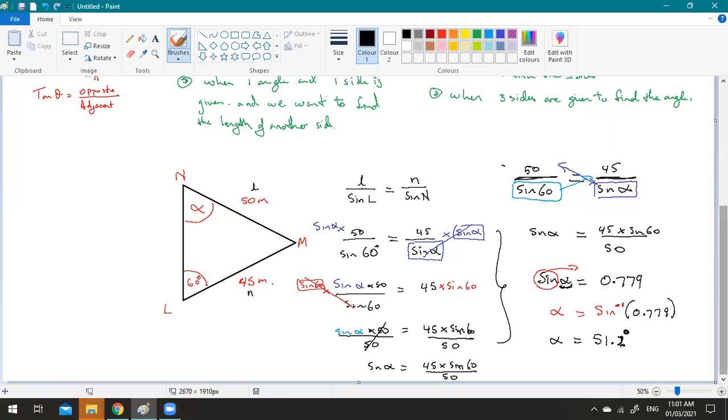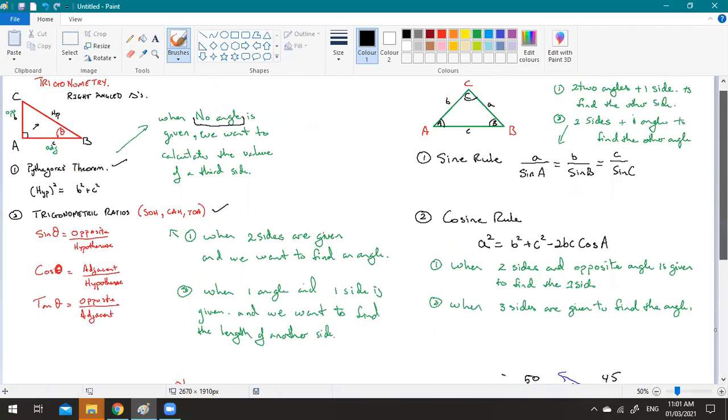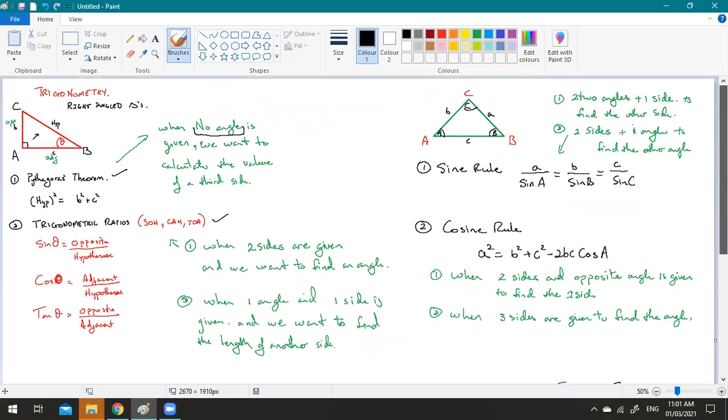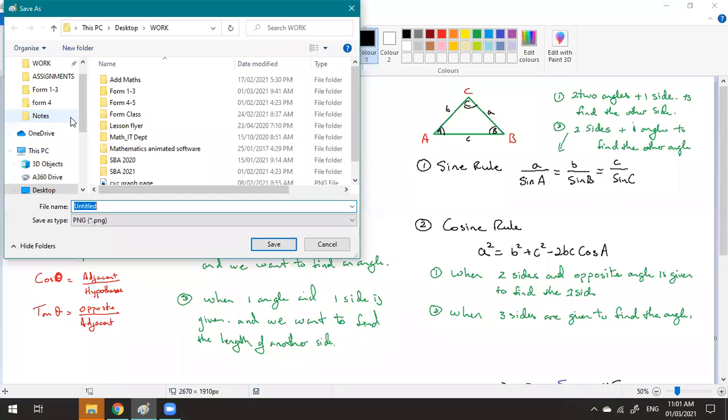I feel I've got to do the same thing next class tomorrow for the cosine rule, because I have a class in 10 minutes. So let me save this on my desktop. Remind me that we're using this tomorrow, right?